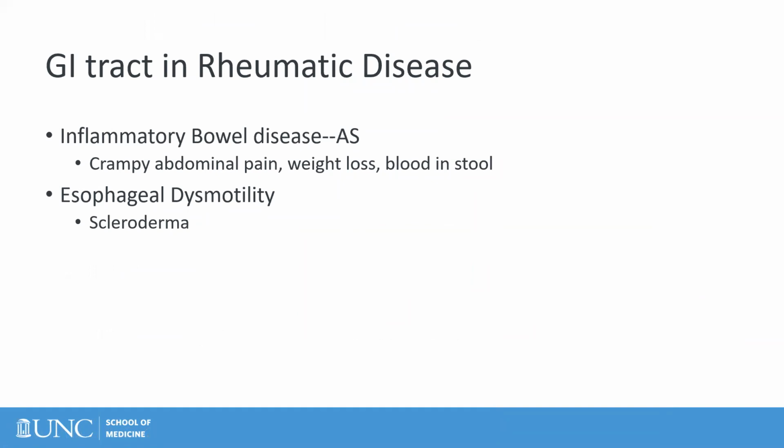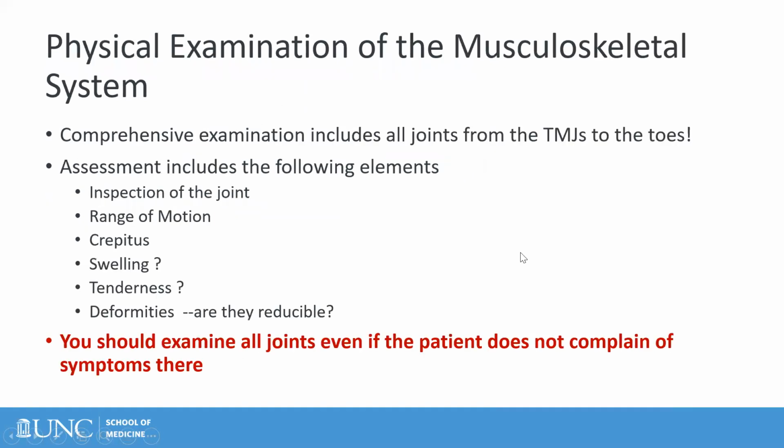Patients with ankylosing spondylitis can have inflammatory bowel disease, and patients with Crohn's disease can have arthritis that looks exactly like ankylosing spondylitis. Esophageal dysmotility and also lower tract dysmotility is often seen in patients with scleroderma, so the GI tract should be asked about and evaluated also.